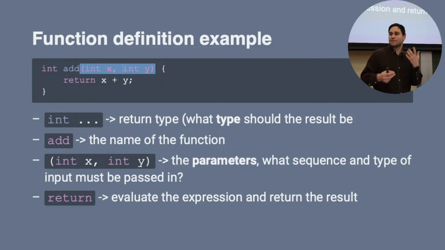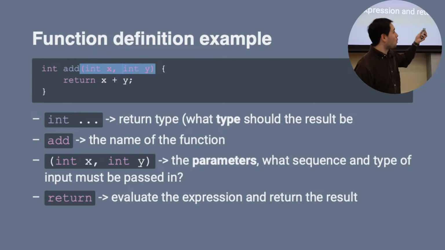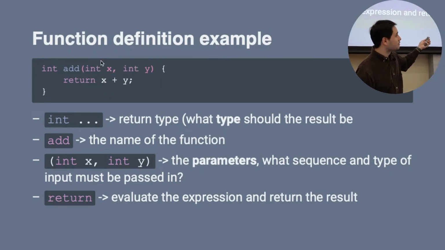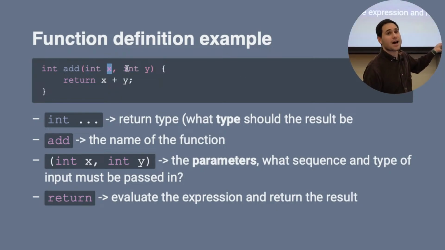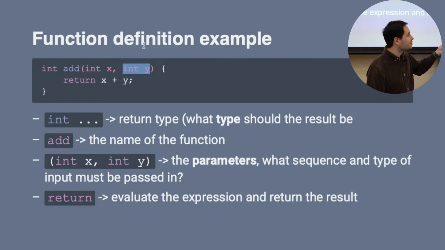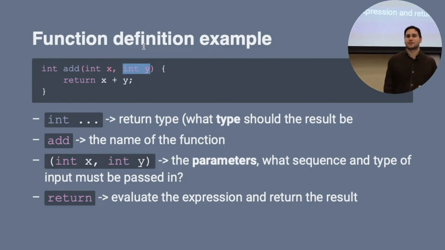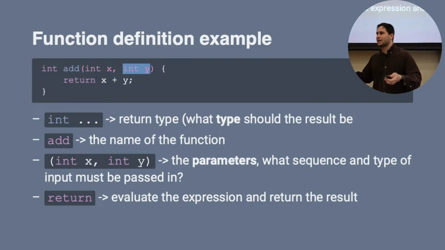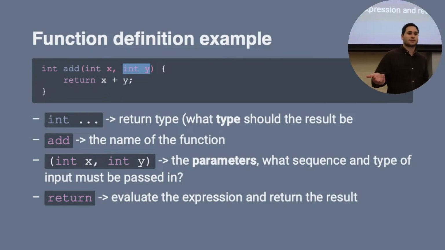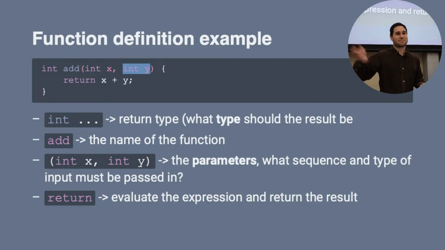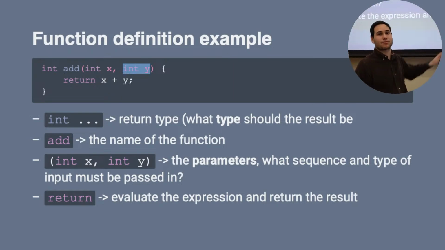Two numbers. So I have to explicitly say, I want one integer, and I want to call it x, and I want another integer, and I want to call it y. And these are just variable declarations. So in your program in main, if you want to create an integer, what do you write? int name. That's exactly what this is, comma separated for multiples.